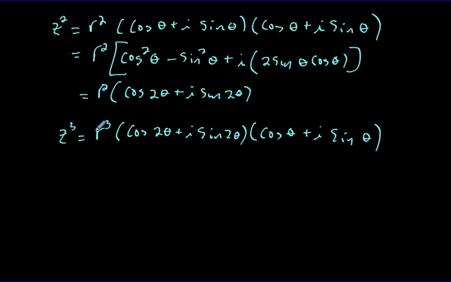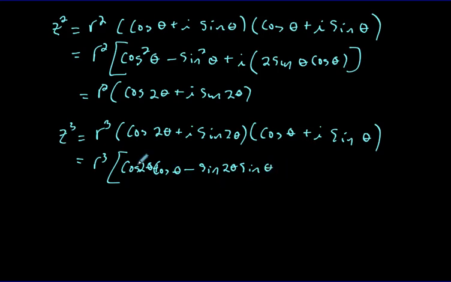Now we've got the r cubed. Let's see what happens. The real part is going to be cosine 2 theta times cosine theta, and the other real part is minus sine 2 theta sine theta.